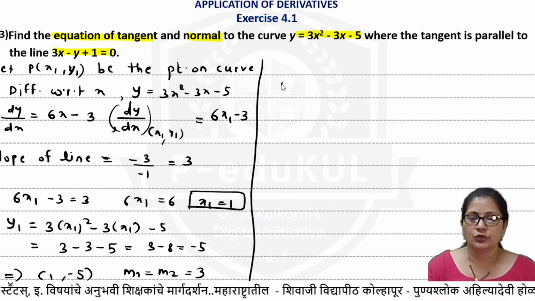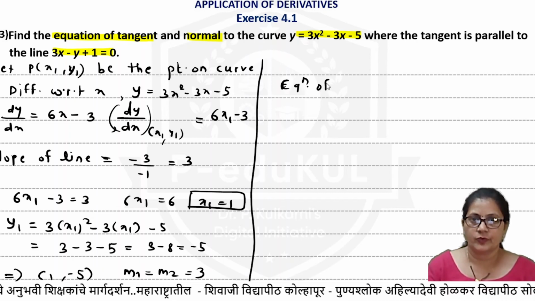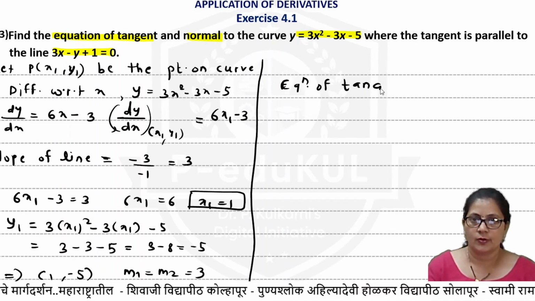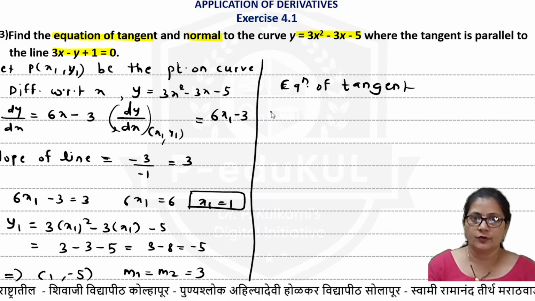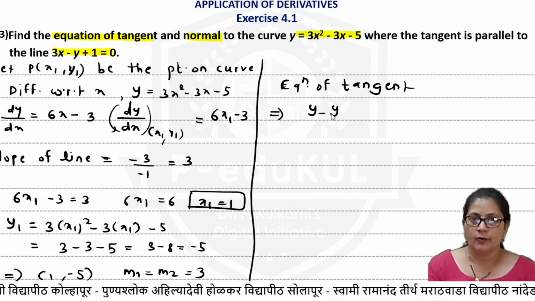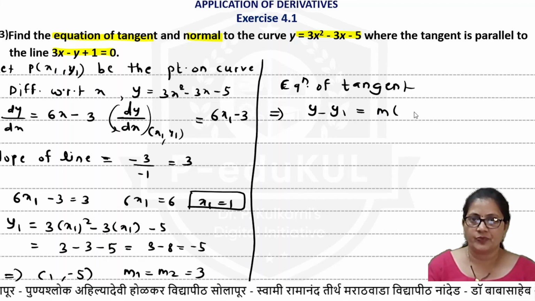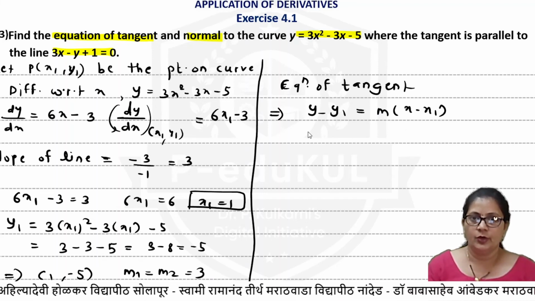So my equation of tangent will be y minus y1 is equal to m into x minus x1.